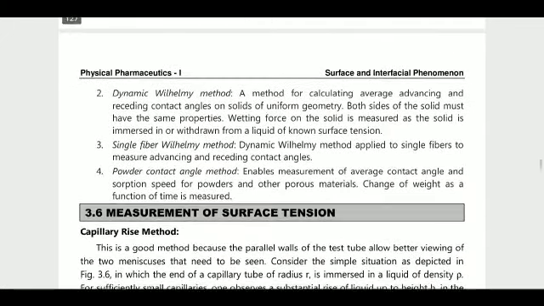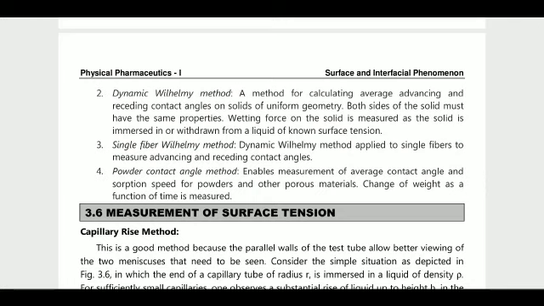Second method is the dynamic Wilhelmy plate method. This method is used for calculating the average advancing and receding contact angles on a solid of uniform geometry. In this method, both sides of the solid must have the same properties.